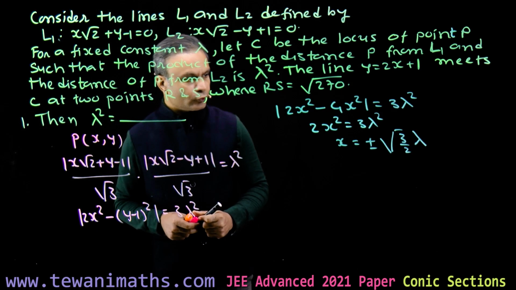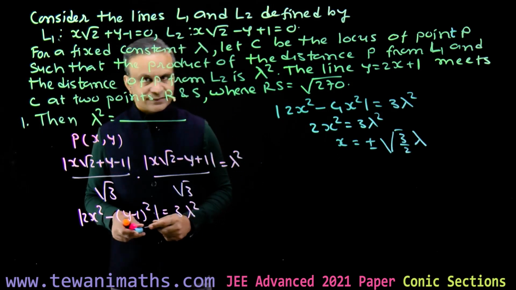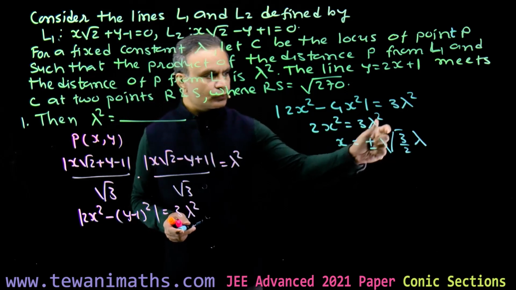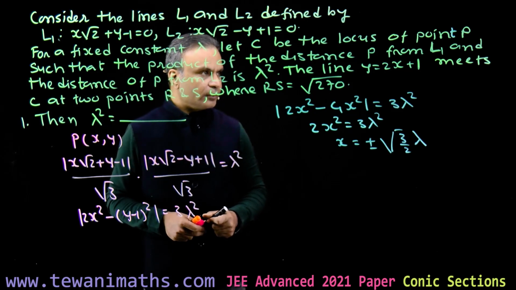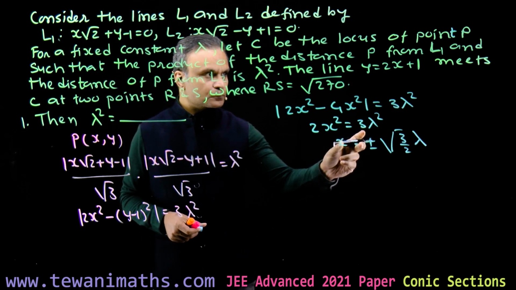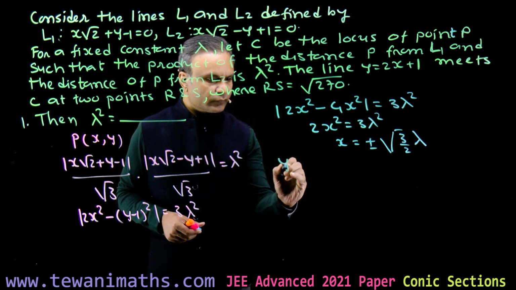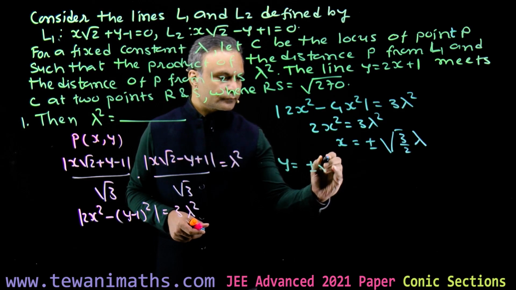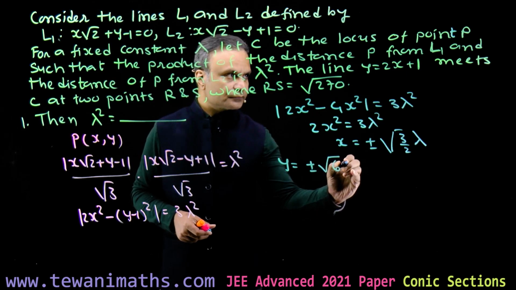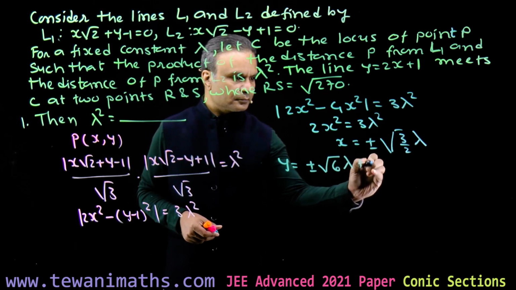So for the 2 points of intersection R and S, the abscissas will be plus root 3 upon 2 lambda and minus root 3 upon 2 lambda. Put these values of x in this equation, we get y equal to plus minus root 6 lambda plus 1.